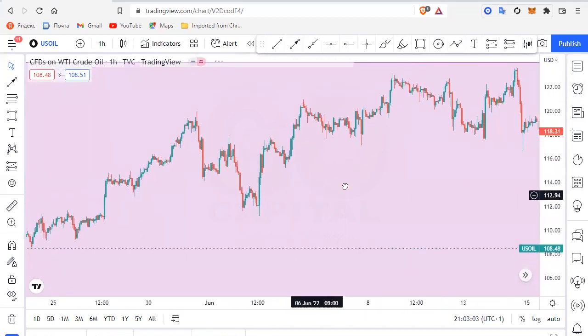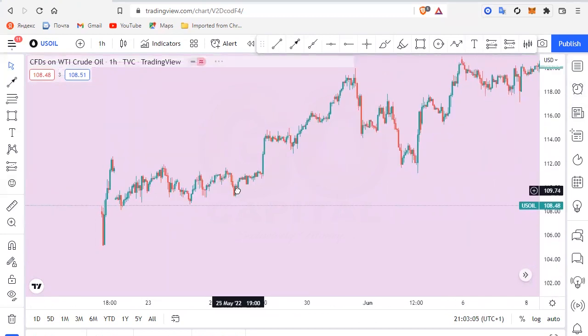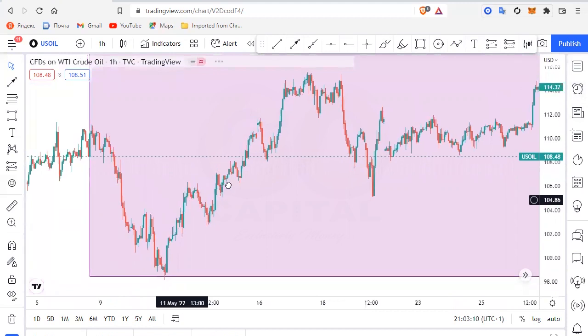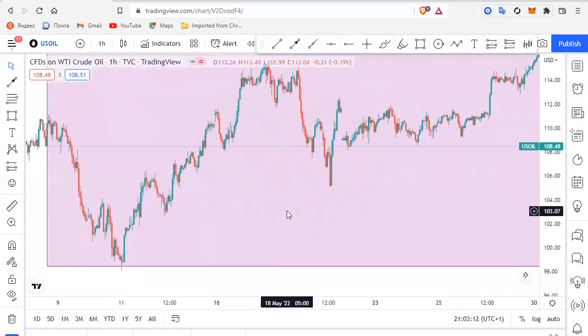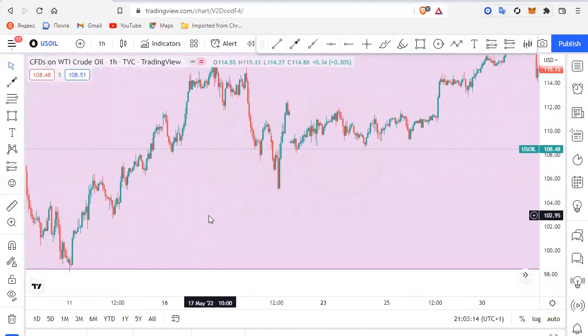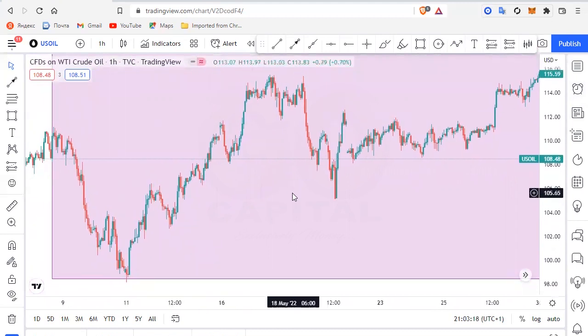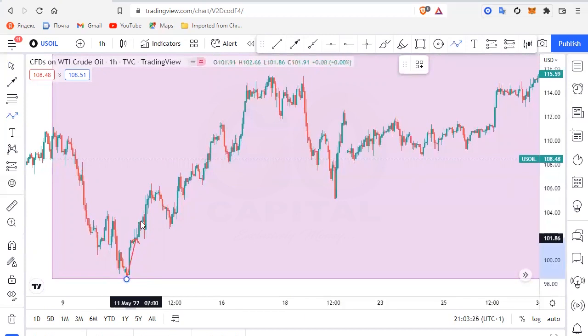All right, so on the 1 hour time frame, you can see the area we're looking at has become so expanded because we were looking at a lot of weeks, a lot of time. But on the 1 hour time frame, we are looking at intraday. So let's look at this movement. This is the movement we were looking at before, from here to here, and the market came down.